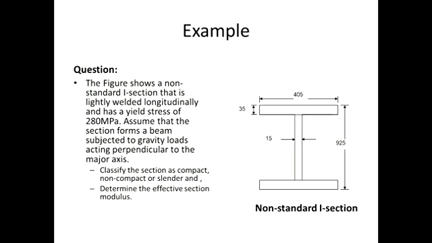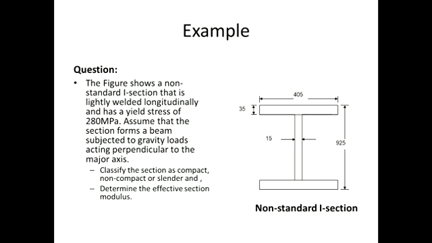Maybe the gravity loads mean that our load is going to be on the top flange, or at least in the same plane as the plane of the beam. If you are looking at the member, the gravity loads are going to cause tension at the bottom and compression at the top. So that's the implication of gravity loads.